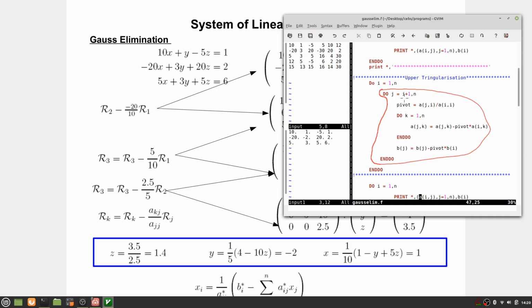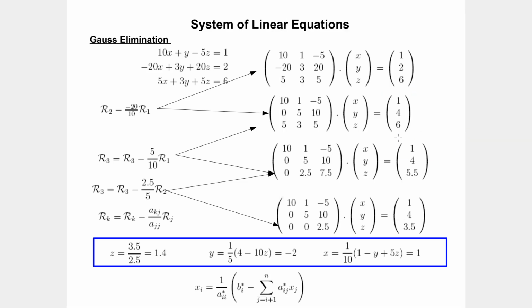Why do we have I plus 1 to n? This is interesting. If you see back to here, when you are doing the first column for the first time, what will you do? We start from the second row itself and make it 0. You don't start from the first, the diagonal, to make it 0.